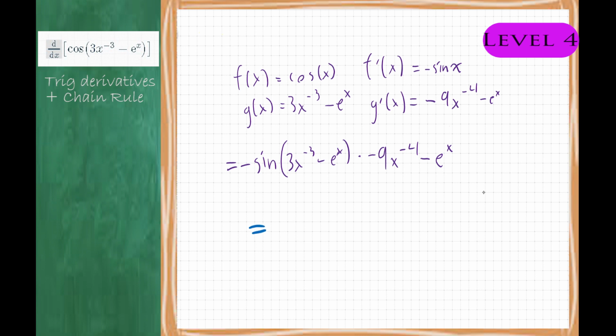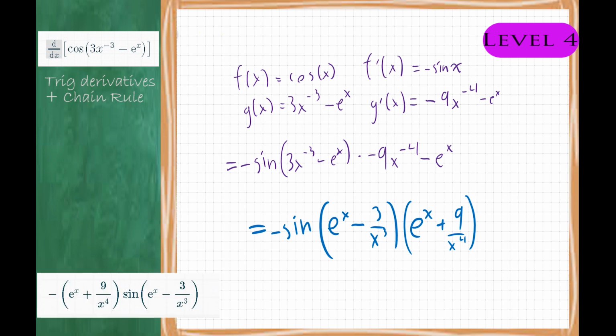And we can't do much to simplify here, so we'll just rearrange it to put the negatives on the bottom. So it'll be minus sine of 3 over x to the 3rd minus e to the x, times 9 over x to the 4th plus e to the x. Alright, pretty easy.